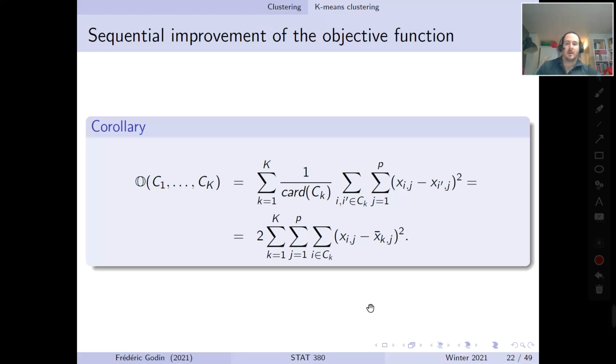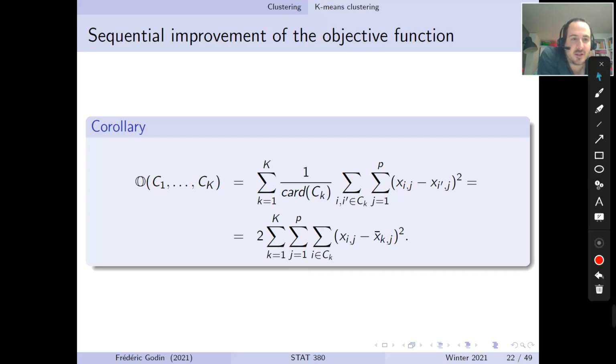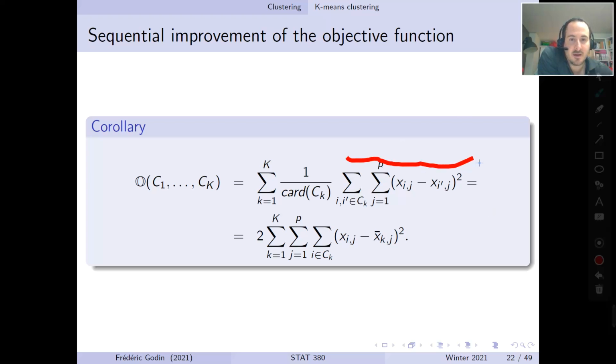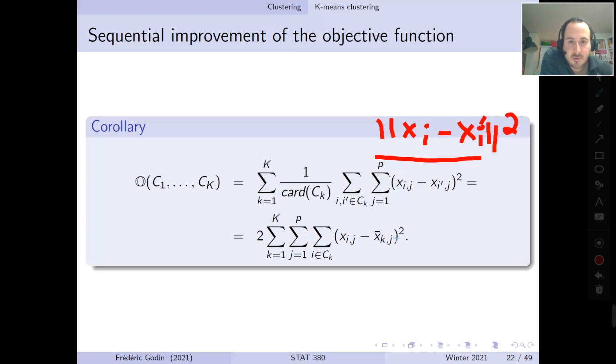Okay. So here, this shows that the objective function, which we define as the sum across all clusters of the within cluster variation, where this guy here is the Euclidean distance between xi and xi prime, squared.